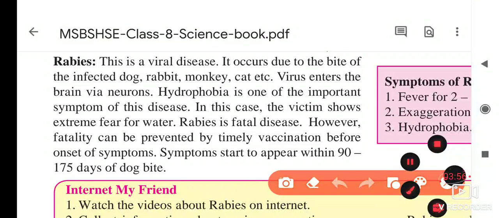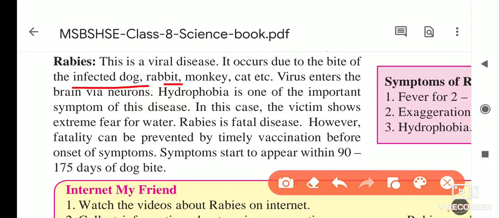It occurs due to the bite of an infected dog, rabbit, monkey, cat, etc. The virus enters the brain via neurons. The first symptom is hydrophobia, meaning the person gets scared of water. This is an important symptom of the disease. The victim shows extreme fear of water.